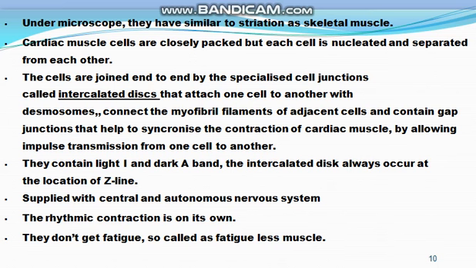So these are the three types of the muscles in muscular tissue. This cardiac muscle is present only in the heart, and this is fatigueless muscle, and cardiac muscles are myogenic. Myogenic means the contractions are generated within the muscles and do not have to be initiated by the nervous system.